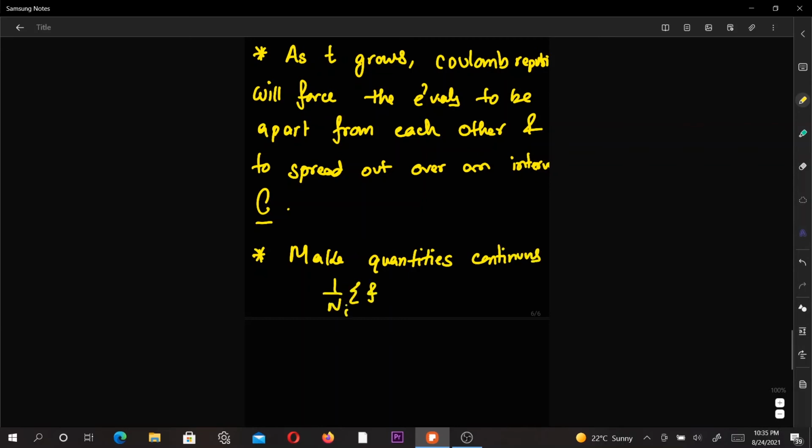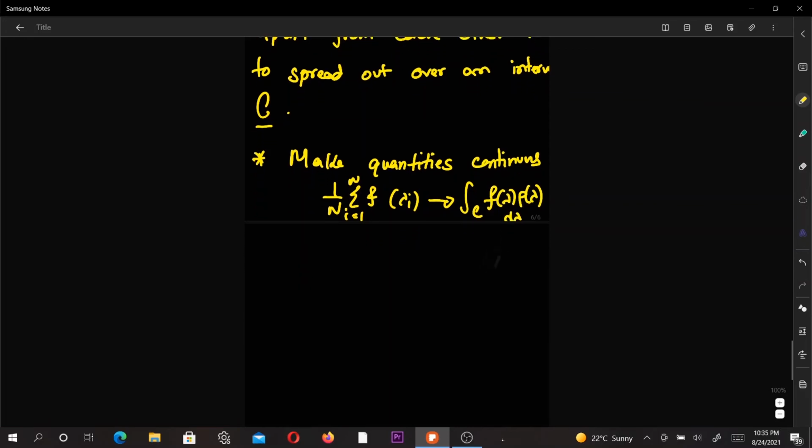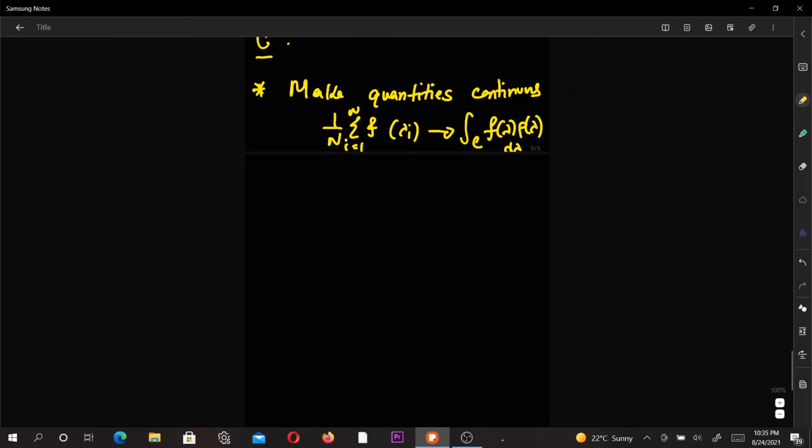That is, if you have some, say, f of lambda_i, now this becomes an integration over the interval C, f of lambda, rho of lambda, d lambda. This is how you make things continuous. That is, you replace the summation by the integration and the density of your distribution.